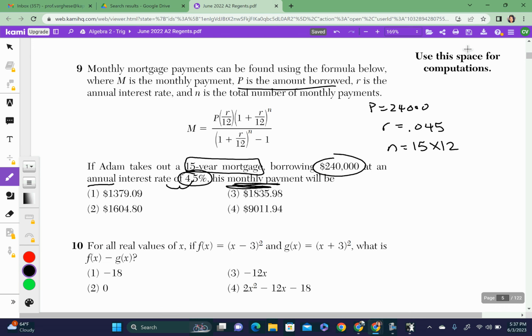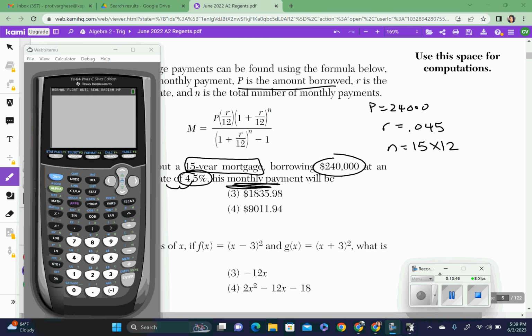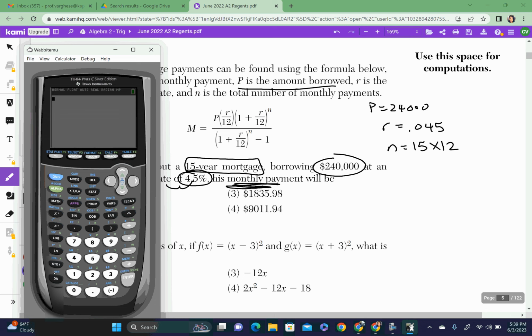So then you take this massive thing and plug it into the calculator. I want to make sure that you know how to do this on the calculator, so let me go ahead and do this with you. The first thing we want to do is put in this big old division fraction. So alpha y equals option number 1, and we're going to just plug stuff in.